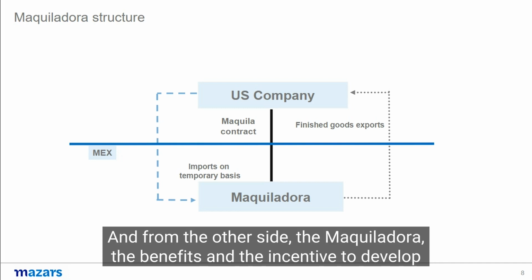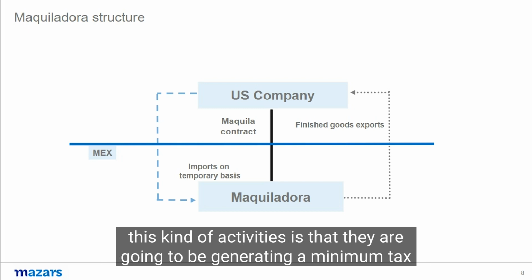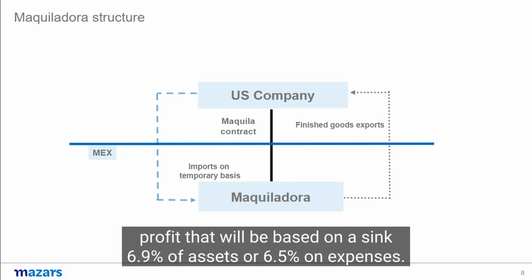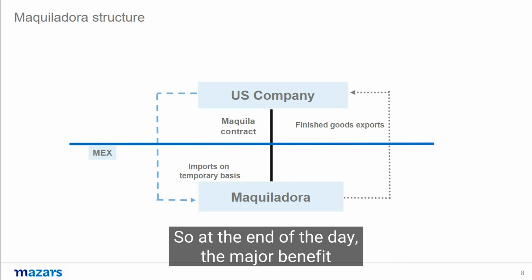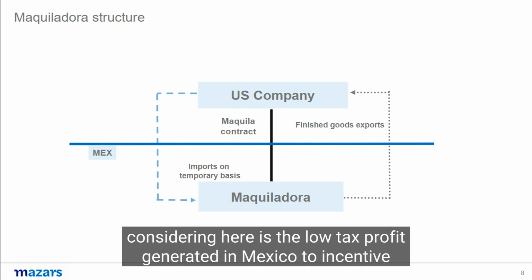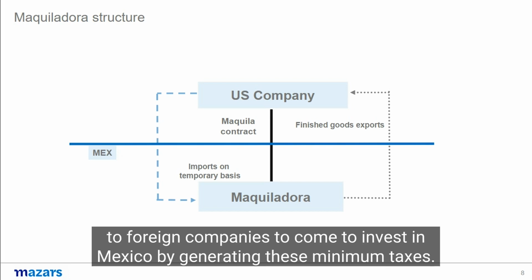And from the other side, the Maquiladora, the benefits and the incentive to develop this kind of activities is that they are going to be generating a minimum tax profit that will be based on 6.9% of assets or 6.5% on expenses. So at the end of the day, the major benefit considering here is the low tax profit generated in Mexico, to incentivize foreign companies to come to invest in Mexico by generating these minimum taxes.